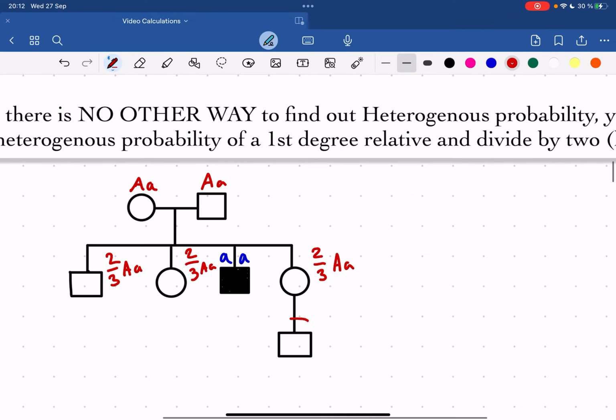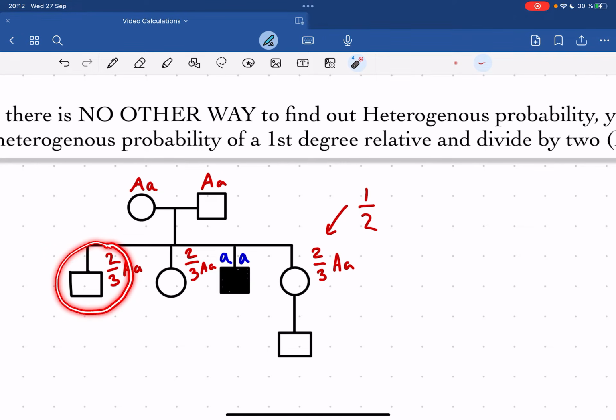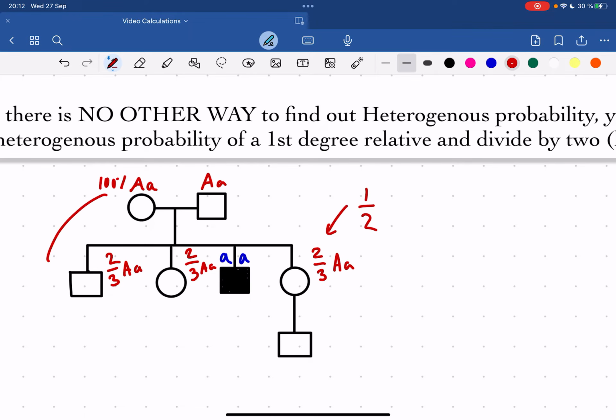So now, what's the probability for this person to be heterozygous? There's no other way to calculate this person's probability besides taking 1/2 of a relative. That's the only way to do it in this case. If we had instead taken half here, we say there's 100% probability here, and we just do 1/2 here because that's a first degree relative.